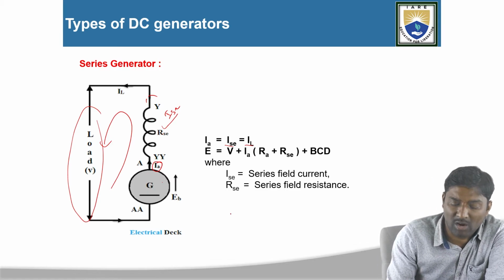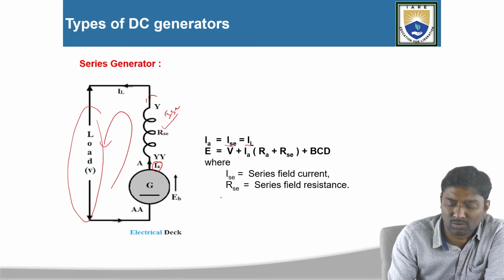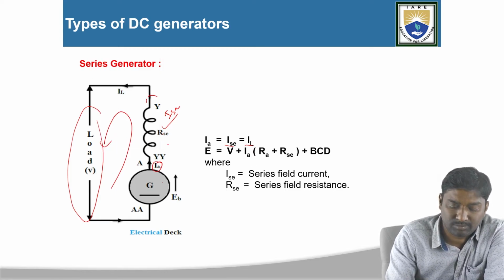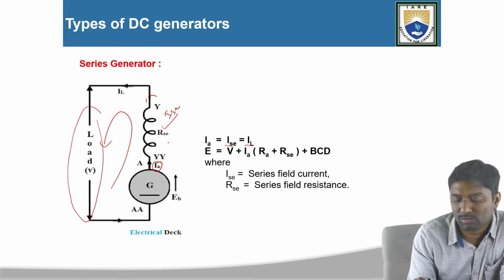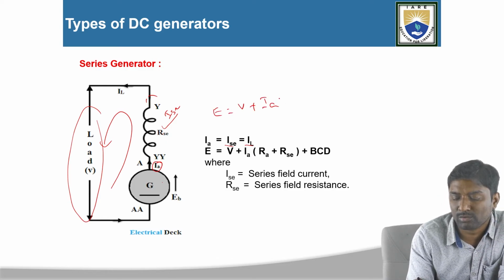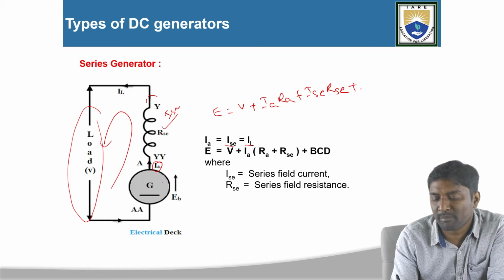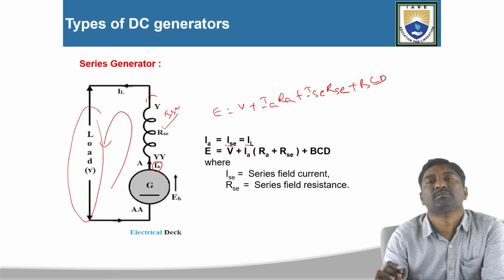Now what can you write? E is equal to the load voltage V plus IA into RA plus ISC into RSC plus the brush contact drop.